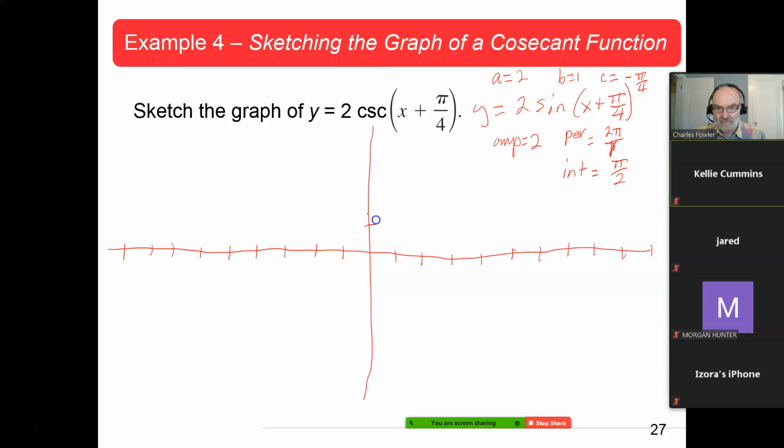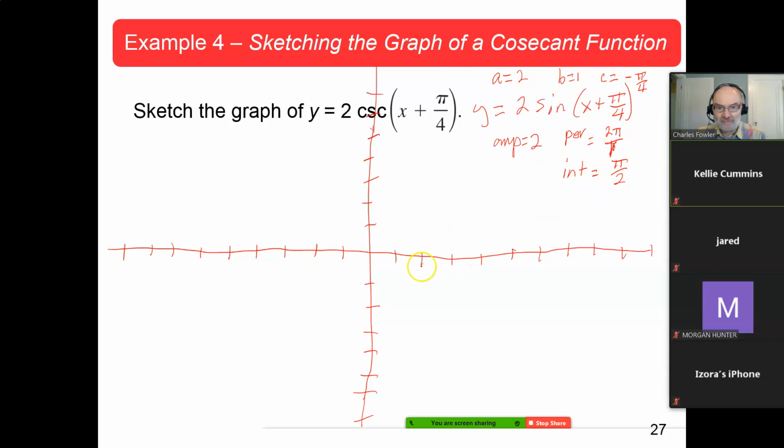Up here we'll go 1, 2, 3, 4, 5, 6. We could go higher if we wanted to. Negative 1 through negative 6, and maybe even a 7 down here and a 7 up here. Why not?